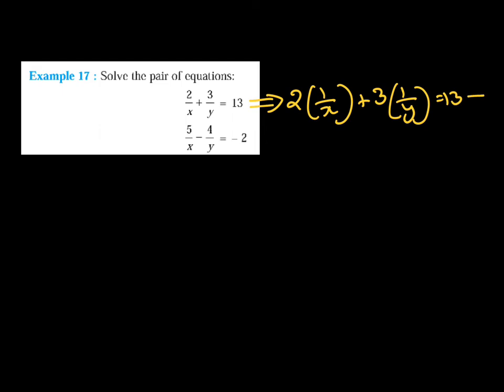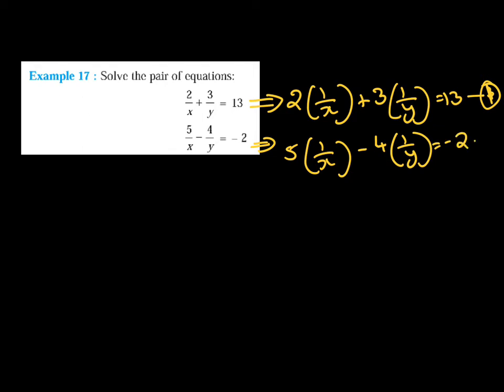Let me label this as equation 1. And the second equation I can write as 5 times 1 over x minus 4 times 1 over y equal to negative 2. Let us label this as equation 2.